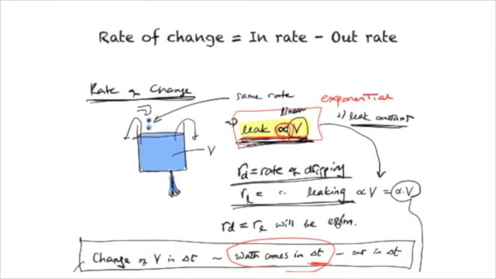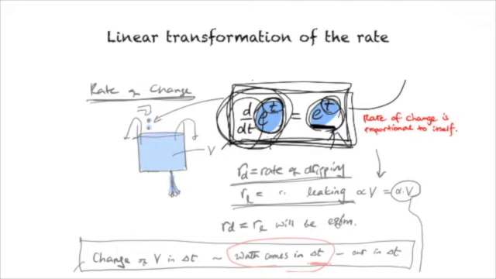And in that case, we are actually considering a linear transformation of the rate. So basically, I'm just repeating myself. If you have some quantity, you are differentiating this quantity with respect to time when you are considering the rate.